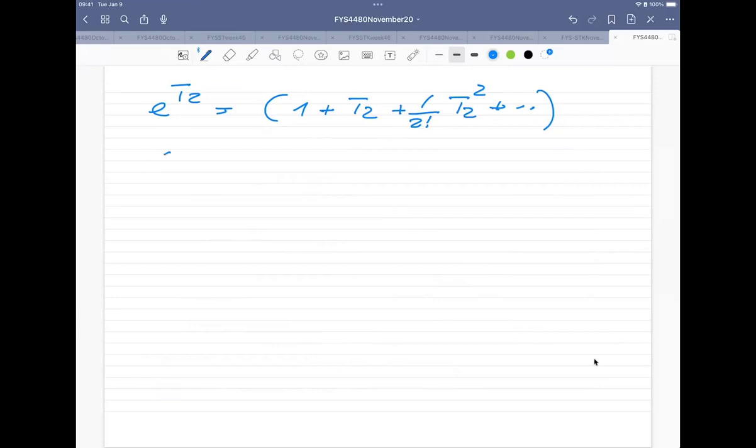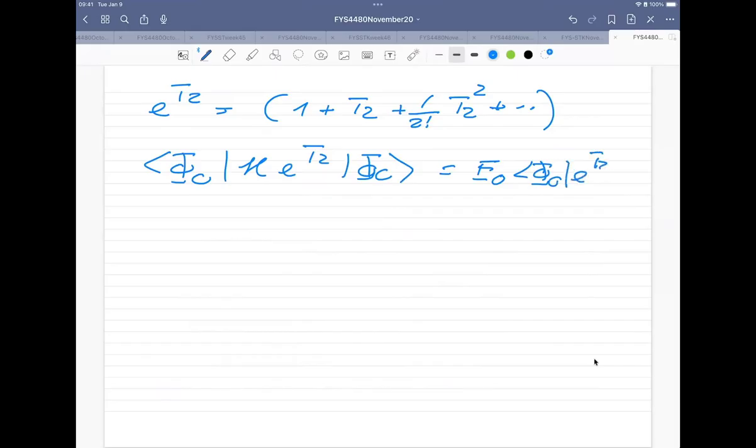The first term which we take now is simply phi 0, then the Hamiltonian, and then e^{T2} acting on phi 0. And we know that this is going to be equal to E0, which is just a constant, by the way, times phi 0 multiplied with e^{T2} phi 0. You see quickly that on the right-hand side there is only one term which survives.